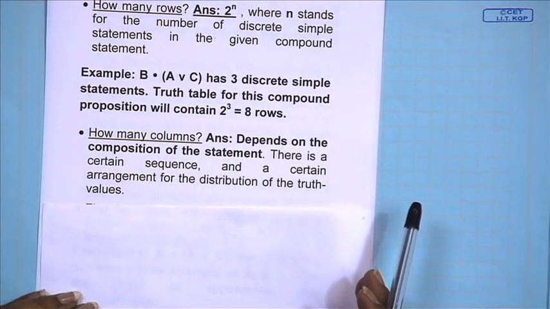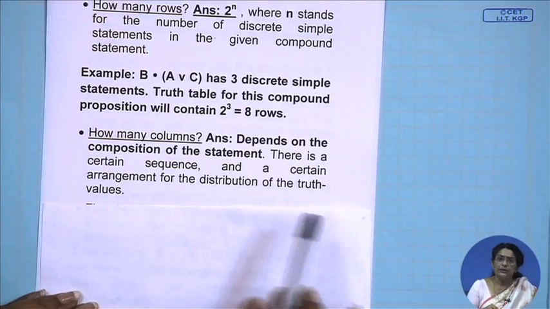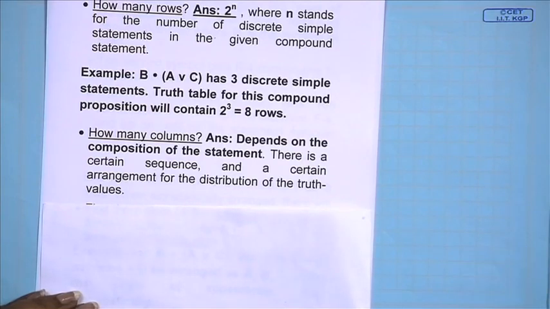You will see that you have to assign columns for each of those little components. Plus there is a certain sequence in which you are going to build the truth table, and we will show you that. So, depending upon all these things, the number of columns you are going to require is going to be fixed. We will take examples also, but let us proceed anyway.